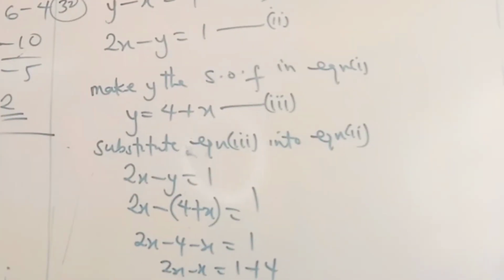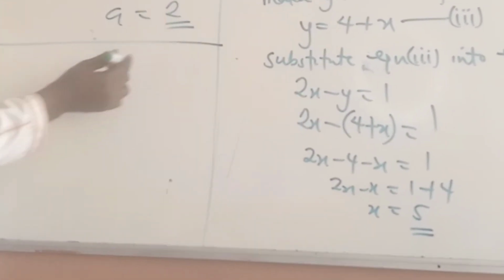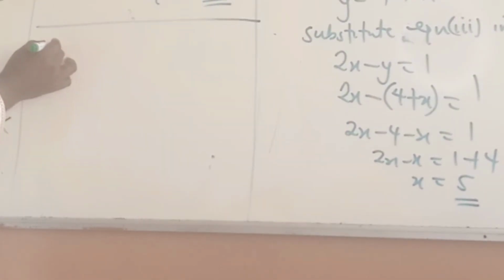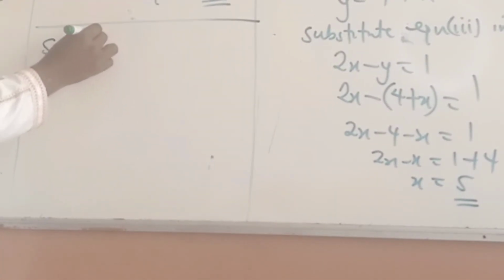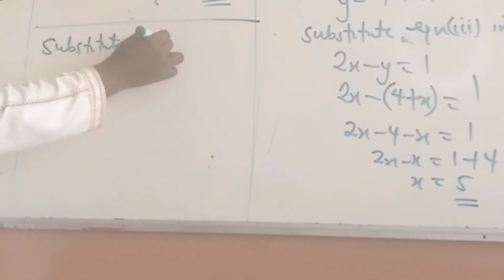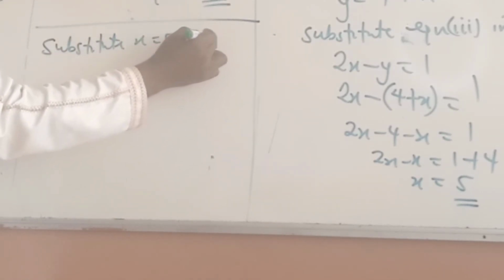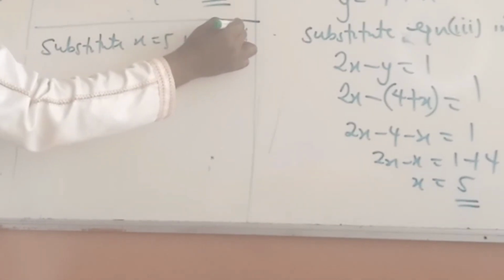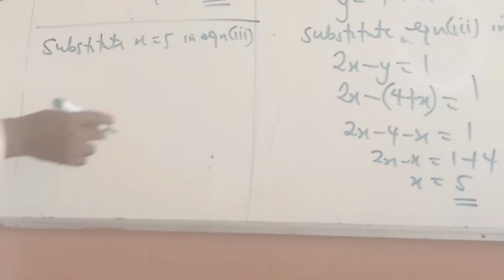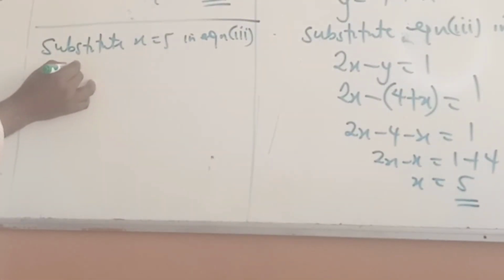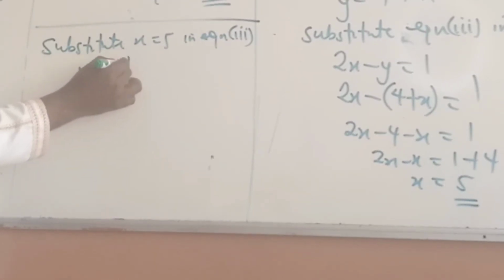It remains y. Since we have made y the subject of formula, so we just substitute x equals to 5 in equation what? 3. So we come back, let me just do it here. So we come here, substitute x equals 5 in equation what? 3. Are you with me? So we then have equation 3 is y equals 4 plus what?